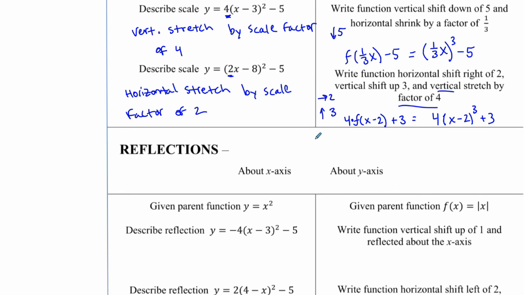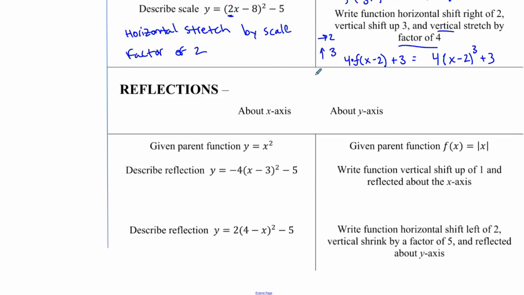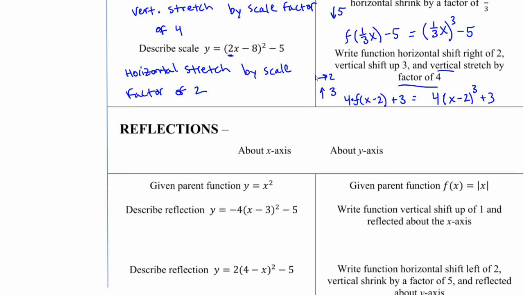Okay, so kind of the last type of transformation we want to talk about is the reflection. That's where we are flipping our graph over some axis. And when we flip, we're multiplying by a negative, right? So if we flip about the x-axis, think about which direction you're flipping.